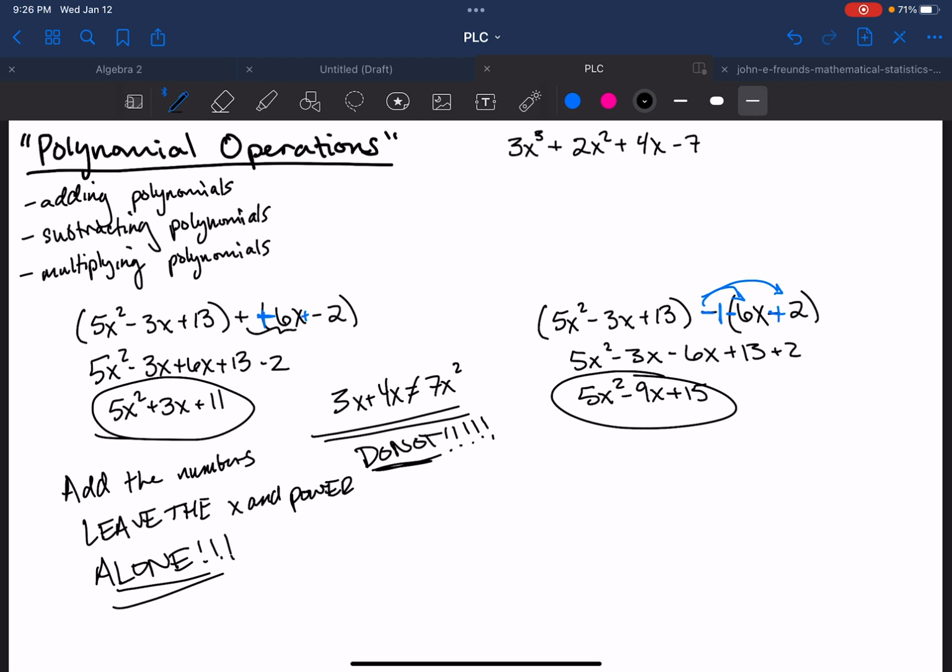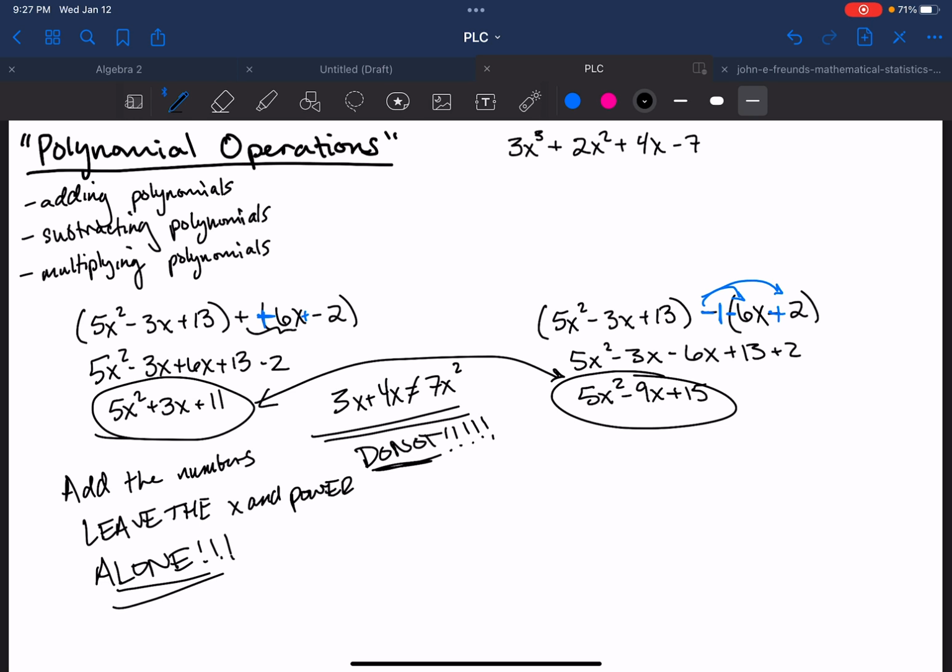You can see these two are very close to the same. They're very similar, but they are different. And this degree of similarity is going to vary depending on the type of question you have and how the polynomials are arranged.